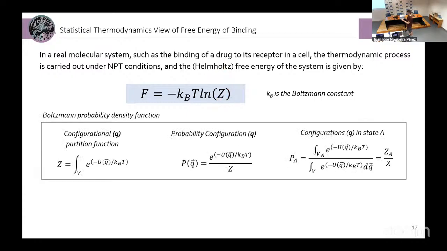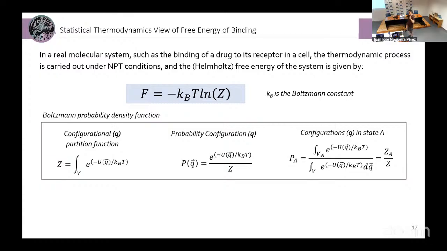We are not going to talk a lot about statistical mechanics, but this is the basis of the things that we are going to do. Here is the expression of the partition function, where we also have the Boltzmann probability density function. What I want you to keep in mind is that what is related with the partition function is the probability of a particular configuration.